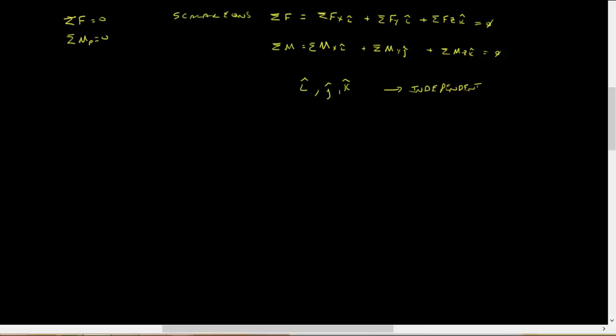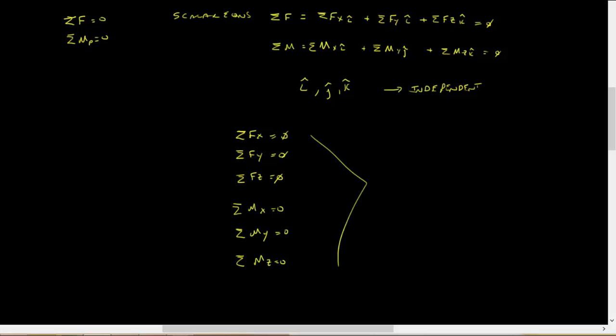Therefore, you have your sum of your forces of the x is 0, your sum of your forces in the y is 0, your sum of your forces in the z is 0, and you have your sum of your moment about the x is 0, sum of your moment about the y is 0, and your sum of your moment about z is 0. So therefore, all of these are true due to the fact that they're independent from each other, so you're going to have all 6 equations.